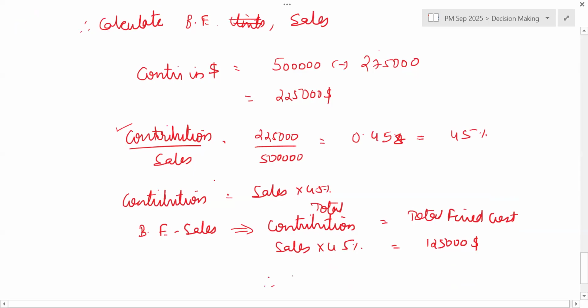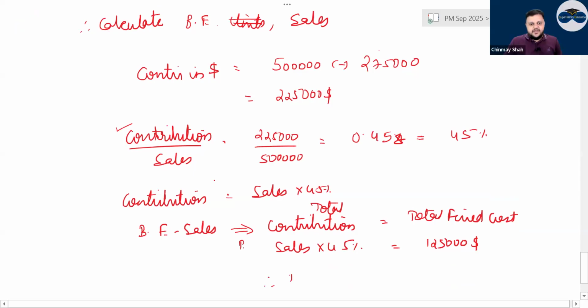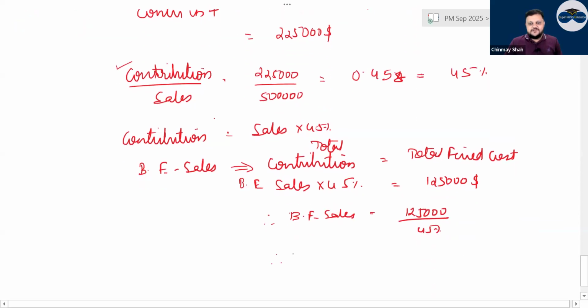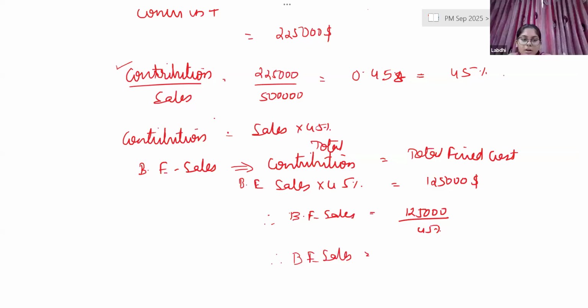Therefore break even sales is equal to 125,000 divided by 45%. How much is that? 277,778.